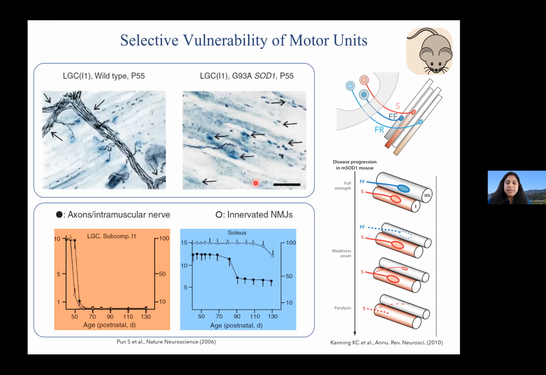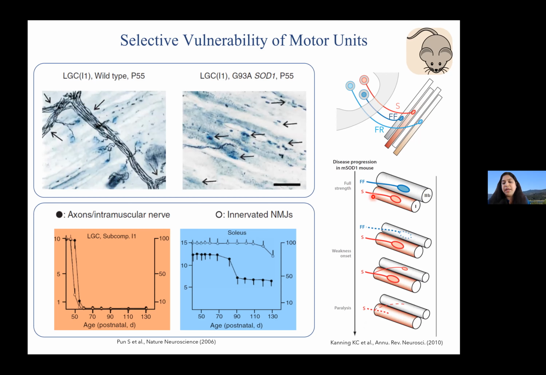And in ALS, as well as in aging, it is known that the fast motor neurons die first. So there is a progression relating to the type of motor neuron that dies first, what we call selective vulnerability.